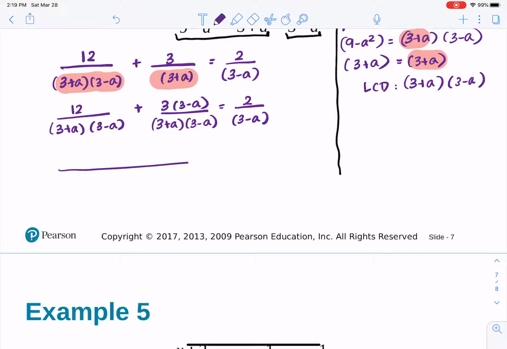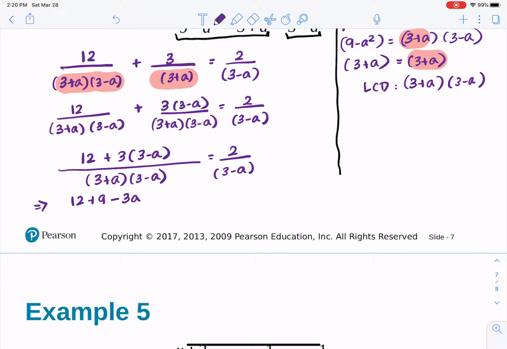So now we have a common denominator, 3 plus a times 3 minus a, so we combine the numerators, which would be 12 plus 3 times 3 minus a, which would give us 12 plus 9 minus 3a divided by 3 plus a times 3 minus a equals 2 over 3 minus a.